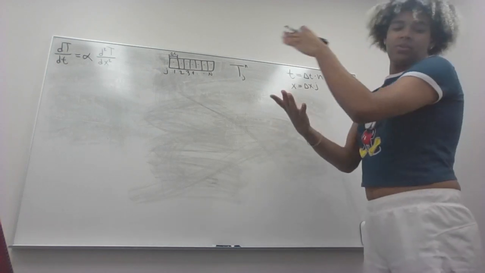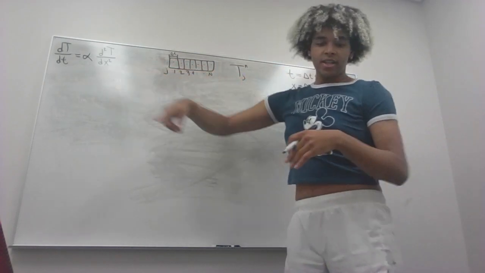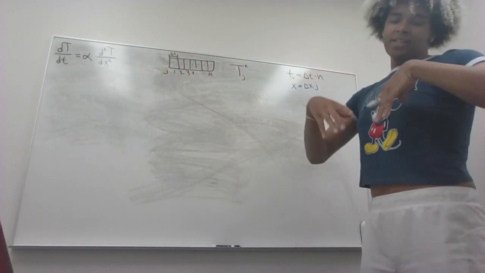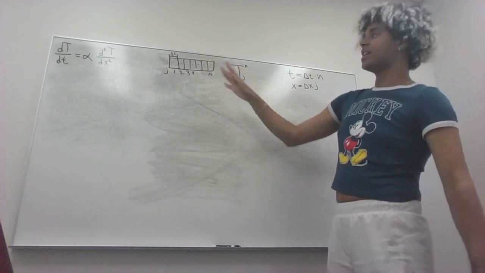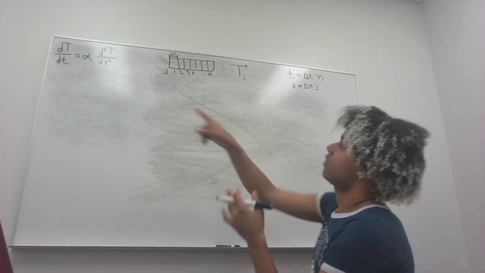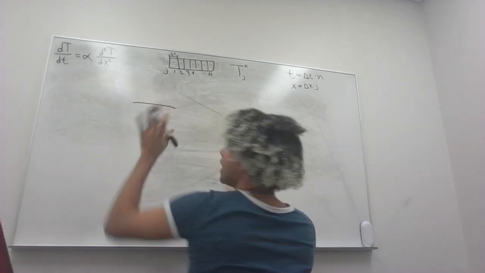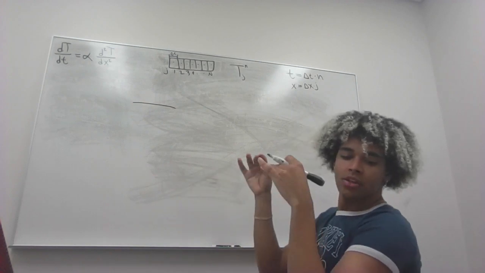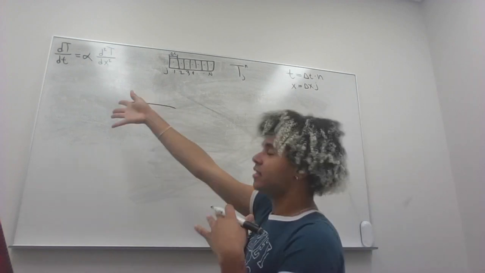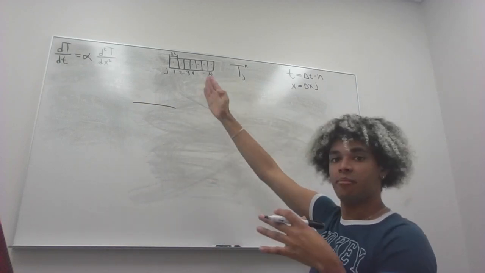So to take the heat diffusion equation that we found in the first question and express it as an algebraic relation, we can do this. Let's say this is the left-hand side, and I'm going to work on the left-hand side first. We have dt, the change in temperature, so we're looking across the temperature of that bar.